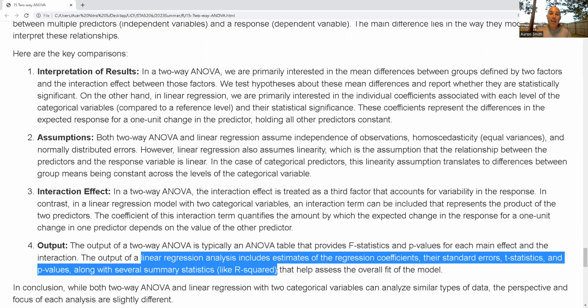Once again, this supports using the linear regression approach over ANOVA, but do whatever your stakeholders, your audience, want you to do. In conclusion, while both two-way ANOVA and linear regression with two categorical variables can analyze similar types of data, the perspective and focus of each analysis are slightly different.